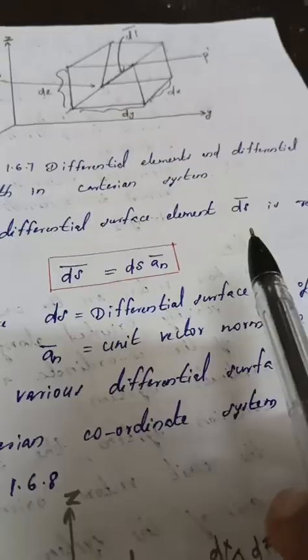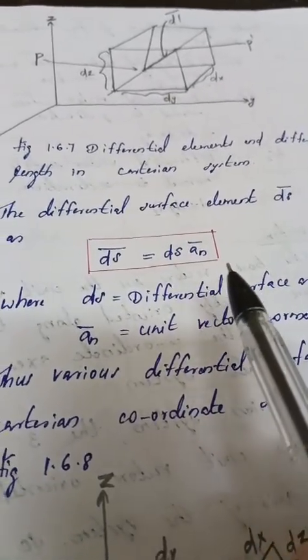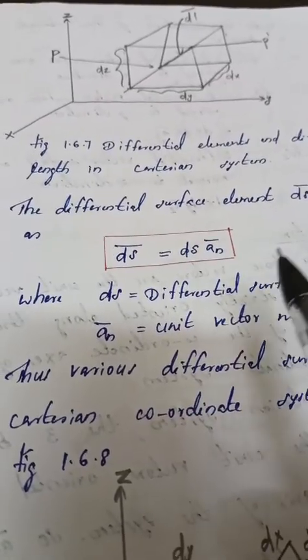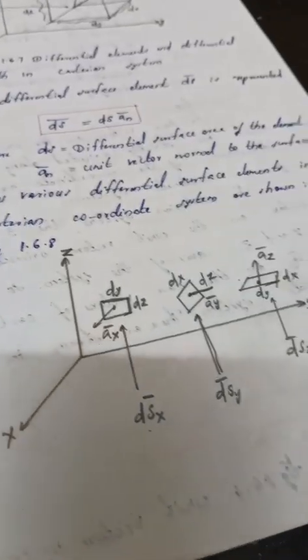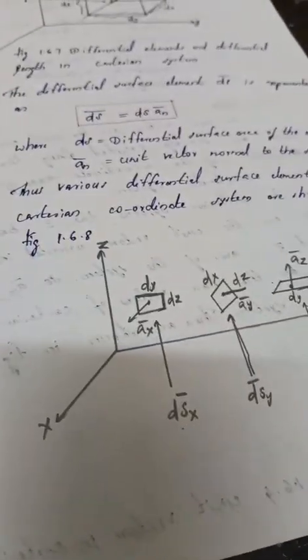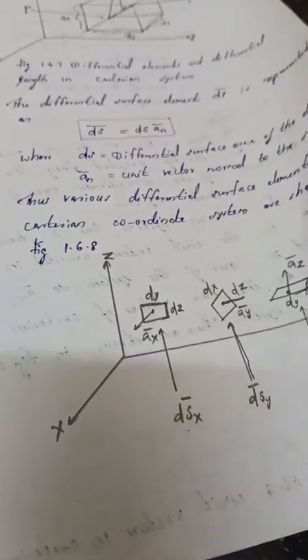Then the differential surface element ds is represented as ds vector equal to ds into an vector. The differential surface elements in Cartesian coordinate systems are given in the figure.